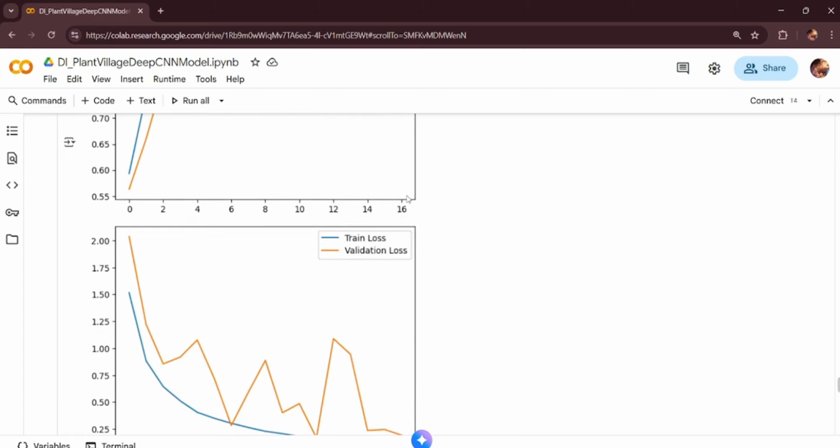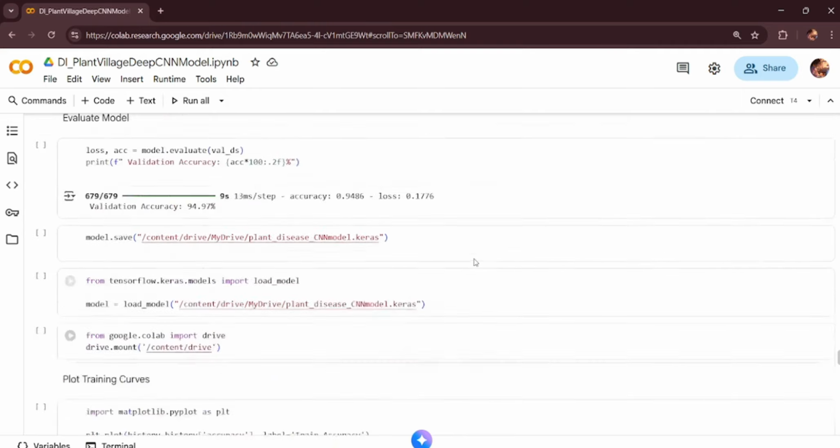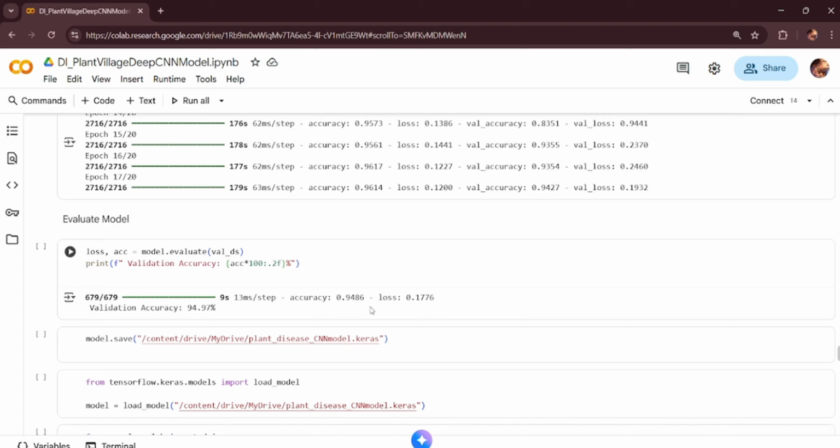Loss values decreased smoothly, as you can see, showing stable learning with no major overfitting. When evaluating on the validation dataset, the model achieved a validation accuracy of 94.97% and a validation loss of 0.1776, indicating strong generalization across plant types.